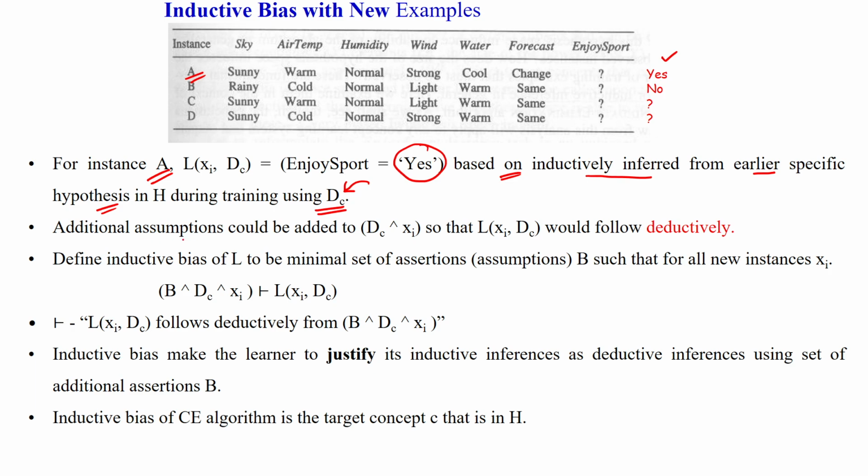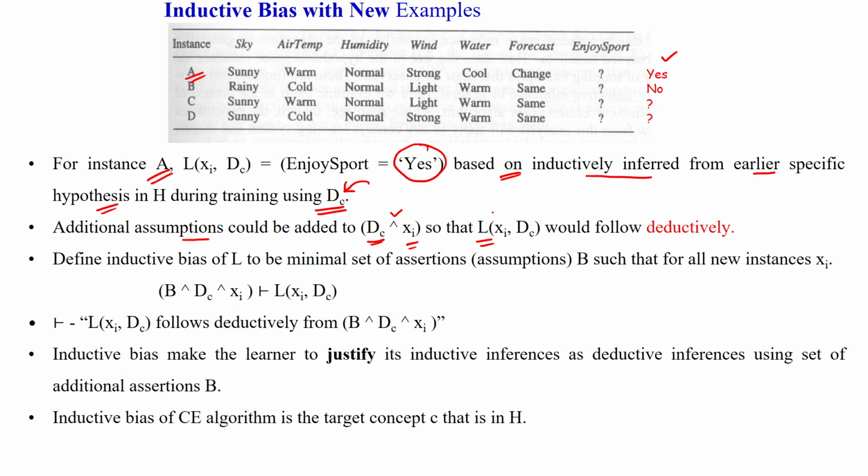Additionally, we are adding an assumption to the system: DC, the learned knowledge, logically and with the new testing sample xi, produces the classification by the learning system.